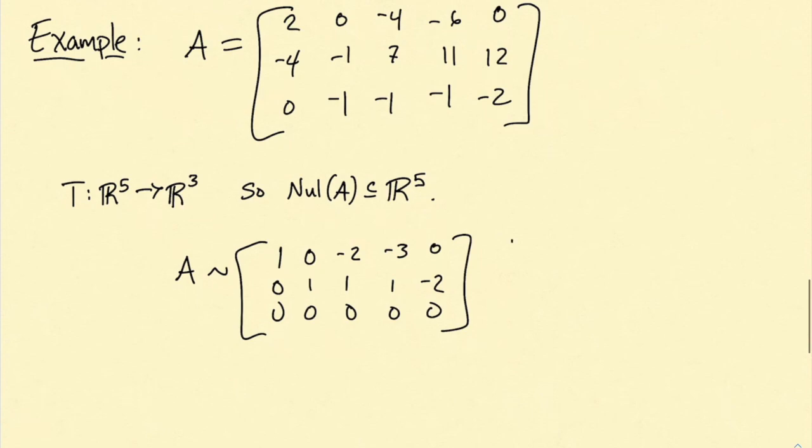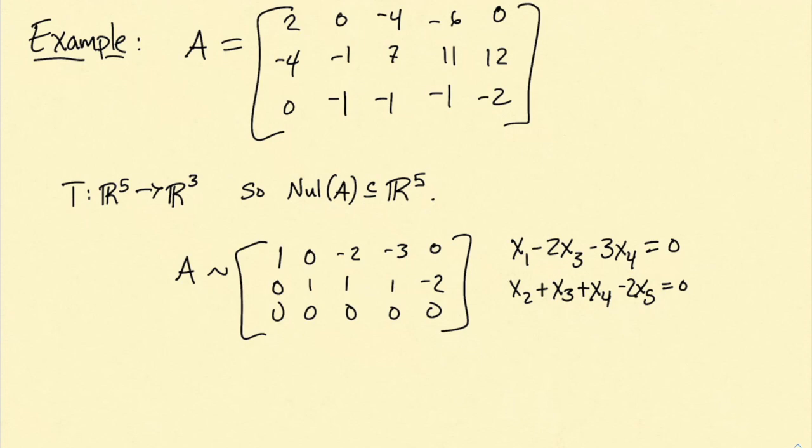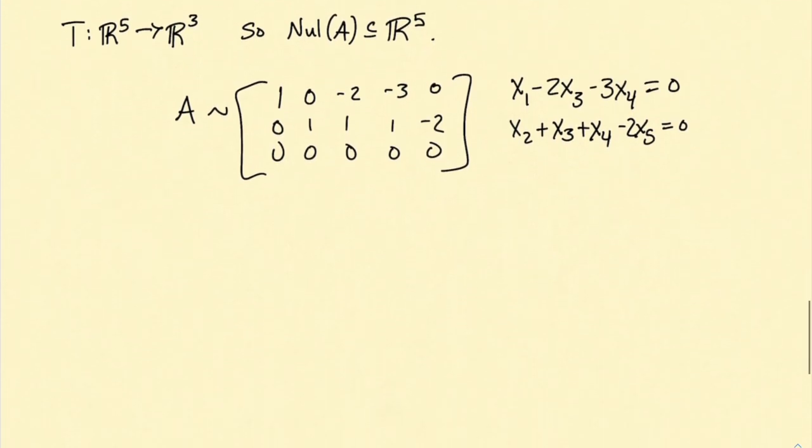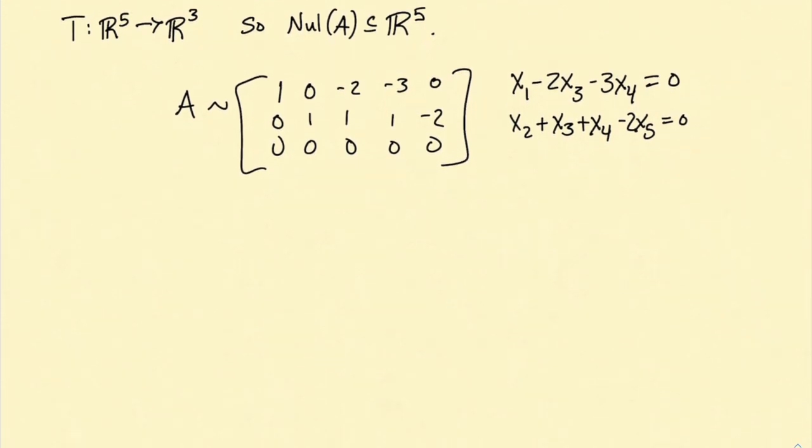The first row corresponds to the equation x1 minus 2x3 minus 3x4 is equal to 0. The second will give us x2 plus x3 plus x4 minus 2x5 is equal to 0. So to understand the null space, we use the columns without a pivot. Those are the ones corresponding to the variables x3, x4, and x5 as our free variables.